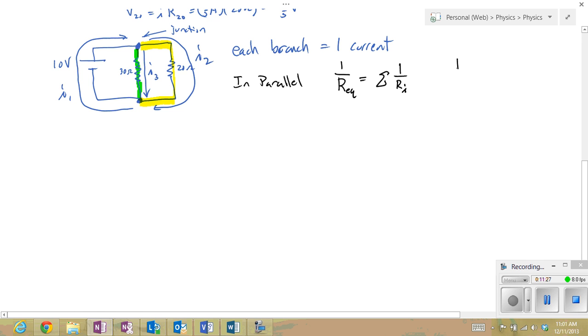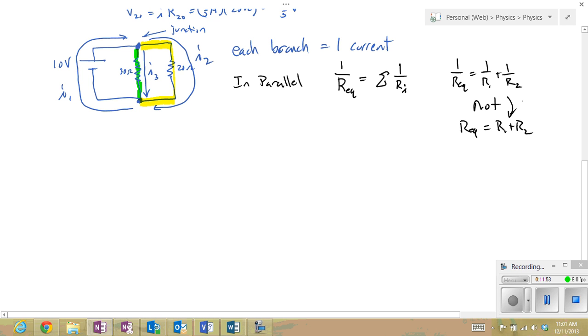For example, 1 over R equivalent equals 1 over R1 plus 1 over R2. Remember, mathematically, this is not equal to 1 over R equivalent equals R1 plus R2. You can't invert sums of fractions here. You have to get common denominators, add them together, and then invert. So remember, this is not an acceptable mathematical operation.